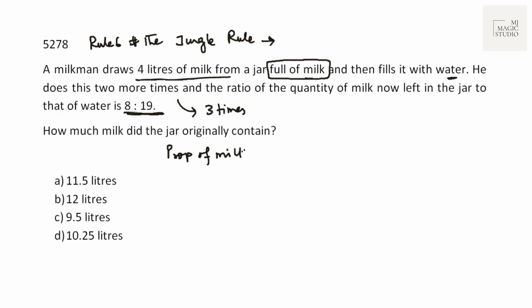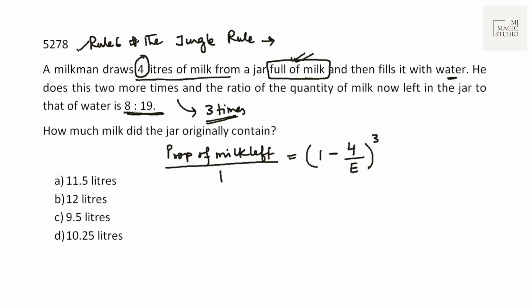Proportion of milk left, and since there was full milk in the beginning, it will be divided by 1, equals 1 minus C, that is how much is drawn, 4, by the size of the container. Let it be E, to the power of how many times this is done. This is the simple formula we use. To dwell deeper into the formula, Rule 6, jungle rule, replacement of mixture, please go through this.